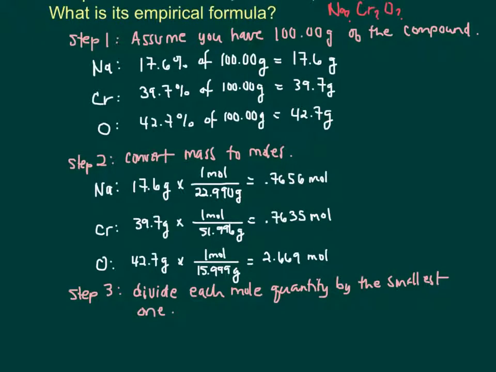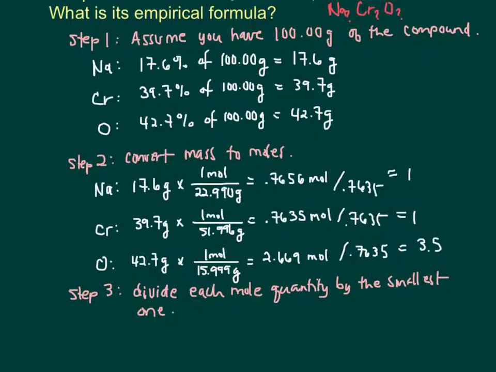So what we're going to do is figure out which one of these is the smallest mole quantity. It's this one. And we're going to divide each of them by the smallest to get more whole number ratios. So we'll divide each by 0.7635, remember, because that was the smallest one, and you get approximately 1, 1, and 3.5.